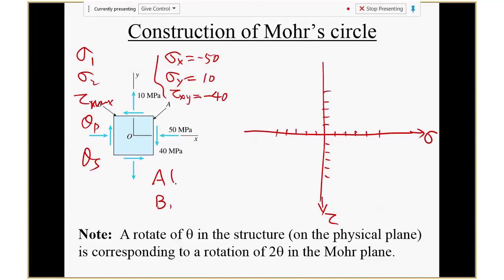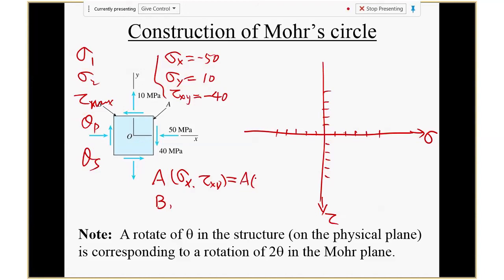Okay, where's point A? Anyone remember from last slide? Where's point A? Sigma x. So let me write one more step here. Sigma x, tau xy. Okay, so therefore, where's A? What's the value?